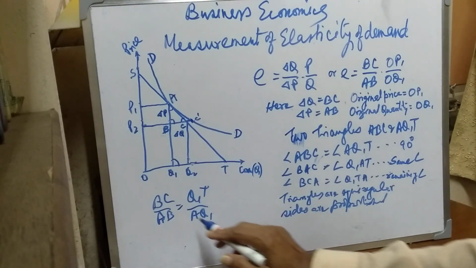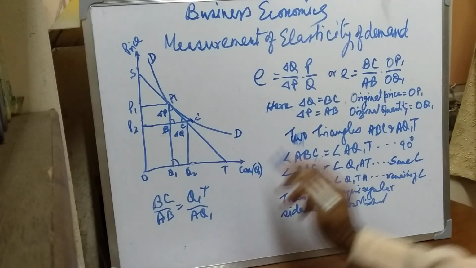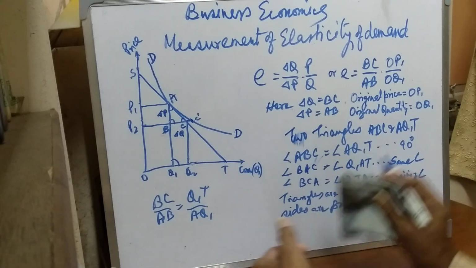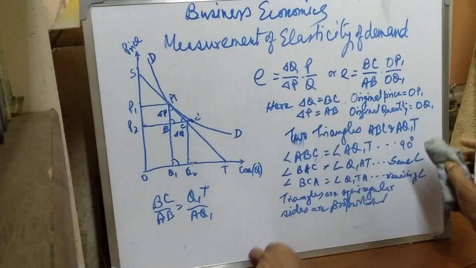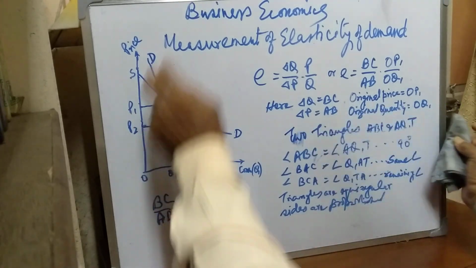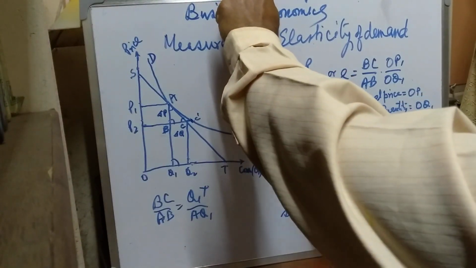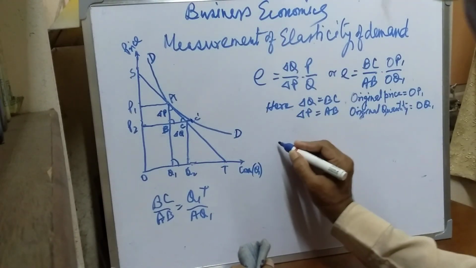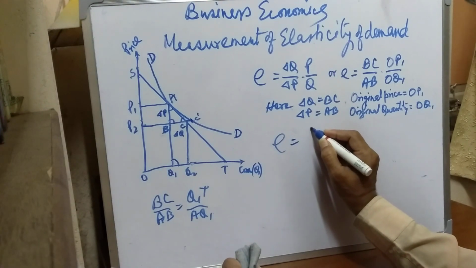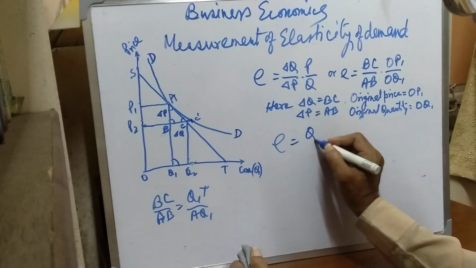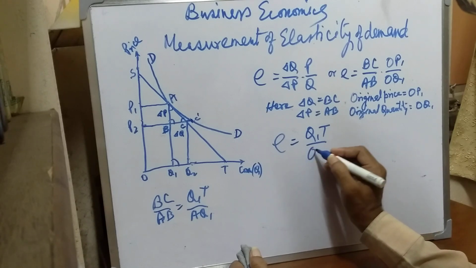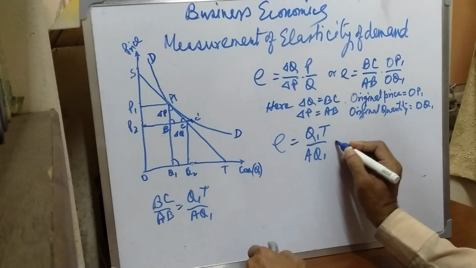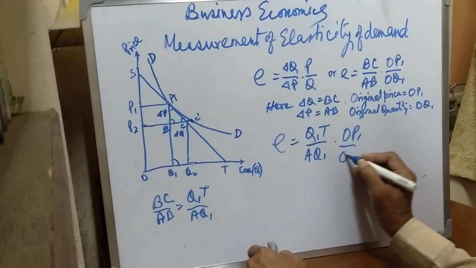Now if we put this Q1T by AQ1 in the formula, then we will get E equal to Q1T by AQ1 into OP1 by OQ1.